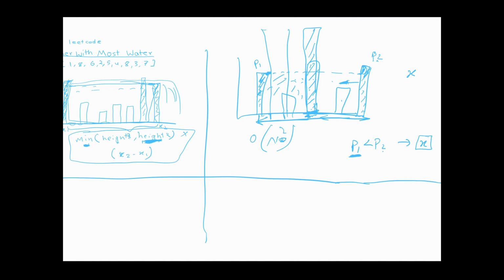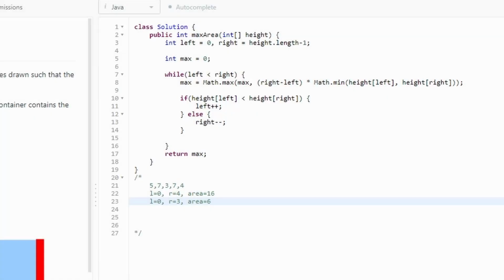So let's jump to the solution. I've already written the solution. As we described, we will start with the farthest apart pillars, left and right, and we will hold the amount of water in this variable, the maximum amount of water. Then we have a while loop which runs until left is equal to right.